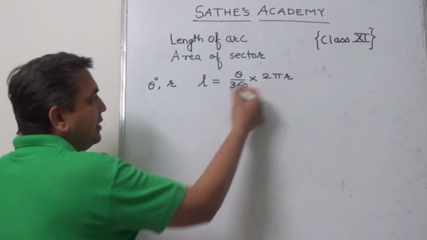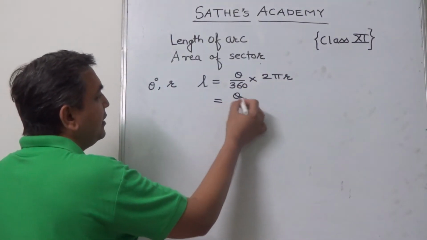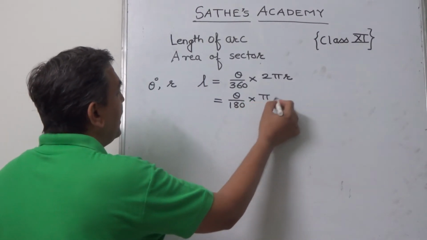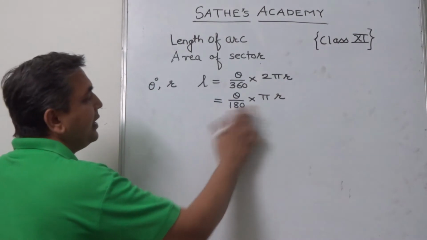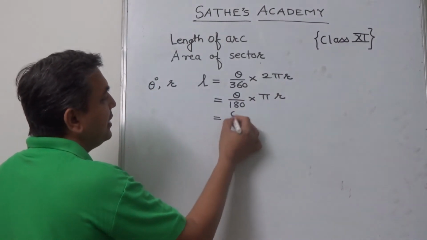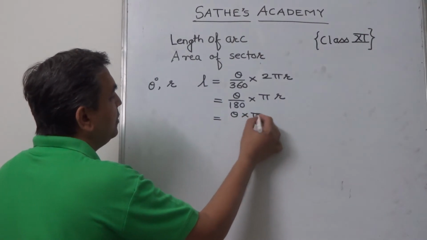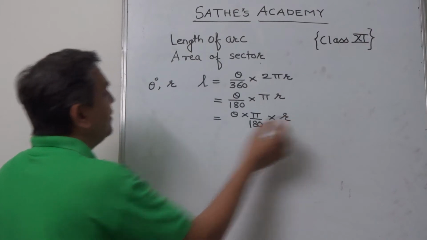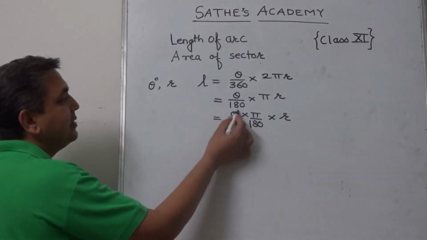Now we can cancel this 2 and we get theta upon 180 into pi r. We can rearrange, we take this 180 with pi and this can be written as theta into pi by 180 into r, where theta is in degrees.